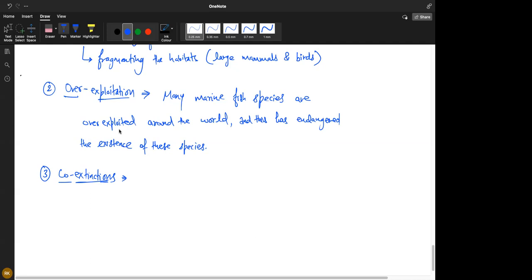So that also becomes extinct, or the chances of that becoming extinct are very high. So coextinctions also lead to faster collapse of biodiversity, and to loss of biodiversity on a large scale. Make sense?